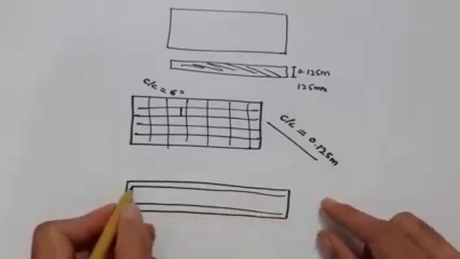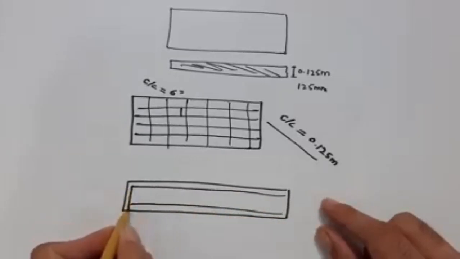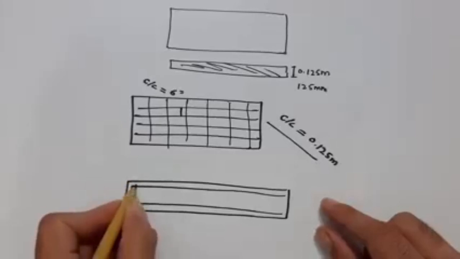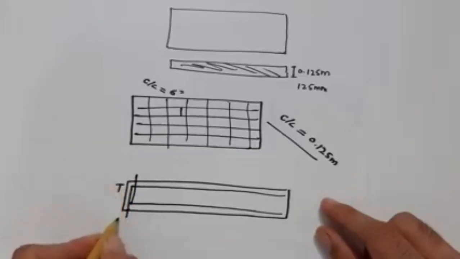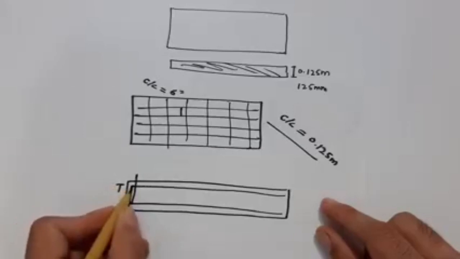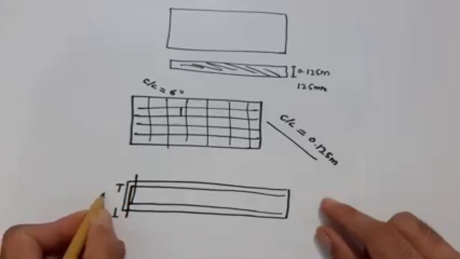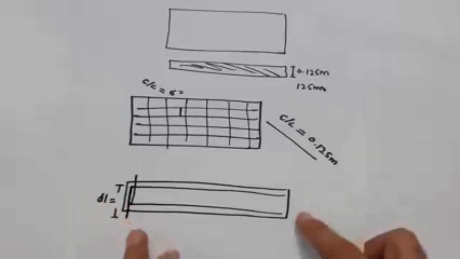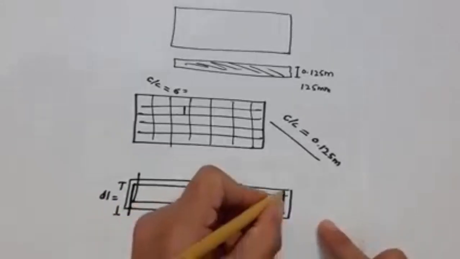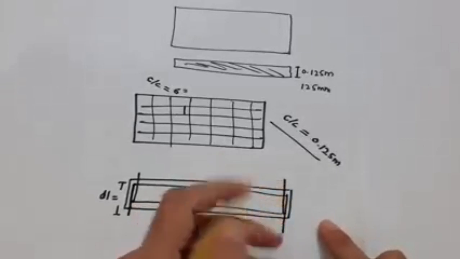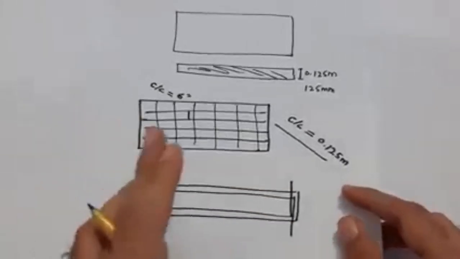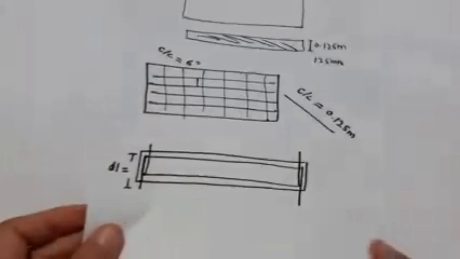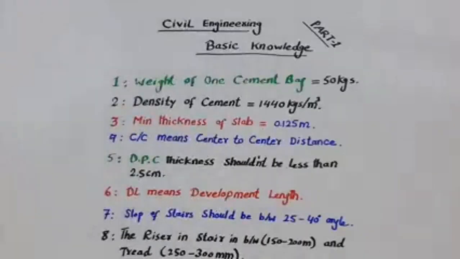This one steel is coming to the downside and this one is going to the upward side. So this length, from here to here, is called DL, development length. It makes a good bond between steel and concrete. So at the end we are providing these.